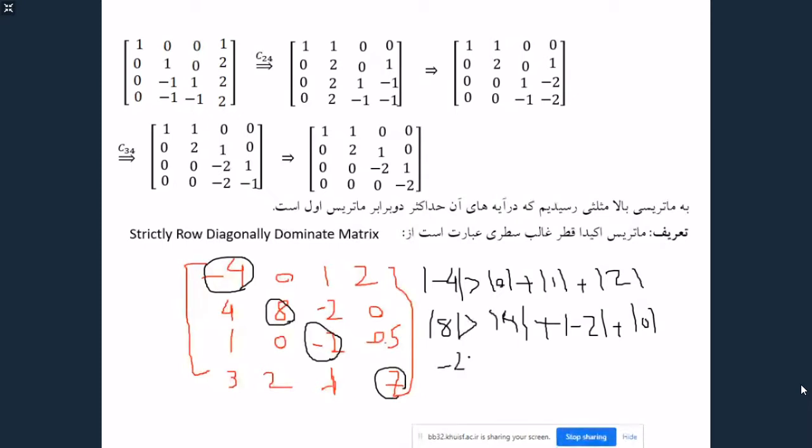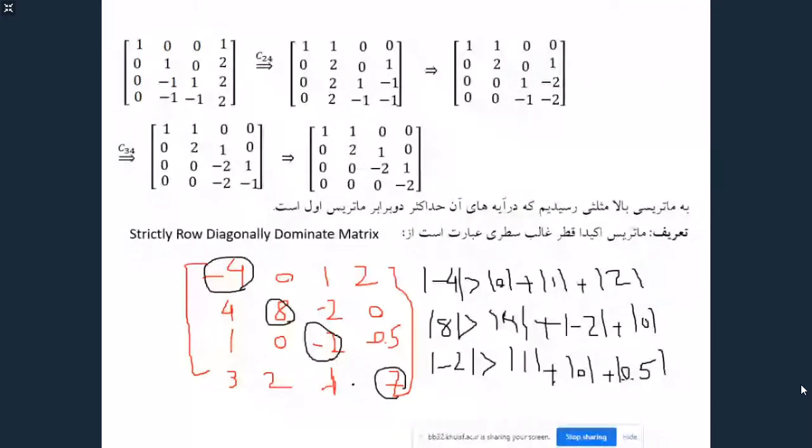And minus 2 in absolute value is bigger than 1 plus 0 plus 0.5 in absolute value. And this last one.